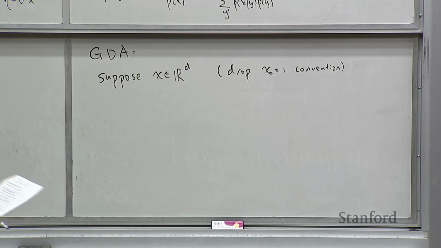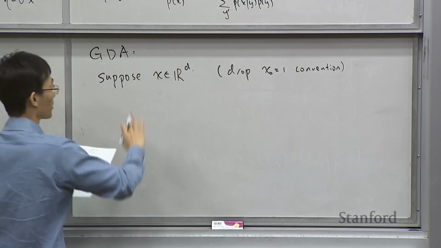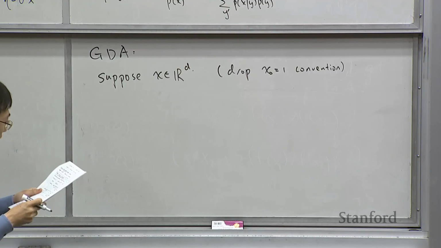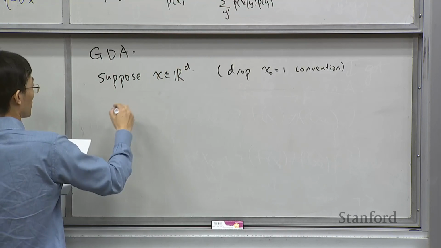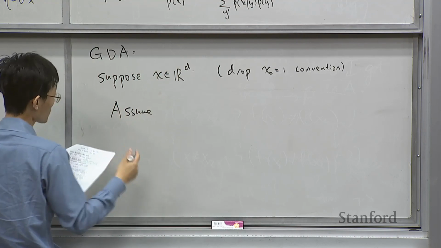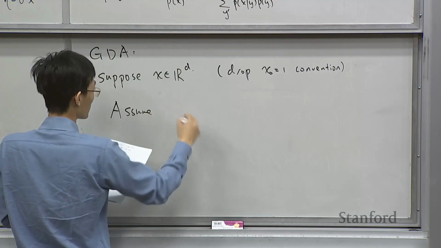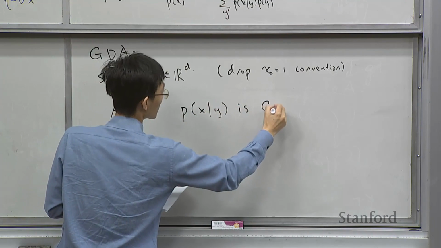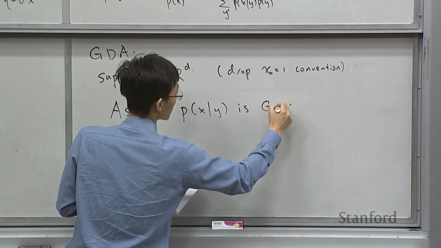Don't worry too much about it, it's just that we don't have x0 equal to 1. It doesn't really matter that much. So the main thing is I'm going to make a modeling assumption: I'm going to assume P of x given y is a Gaussian distribution.